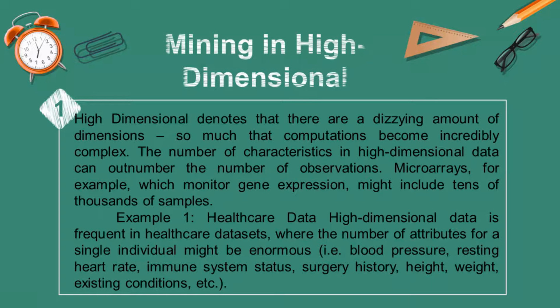So example 1 is healthcare data. High-dimensional data is frequent in healthcare datasets, where the number of attributes for a single individual might be enormous, such as blood pressure, resting heart rate, immune system status, surgery history, height, weight, existing conditions, and many more.